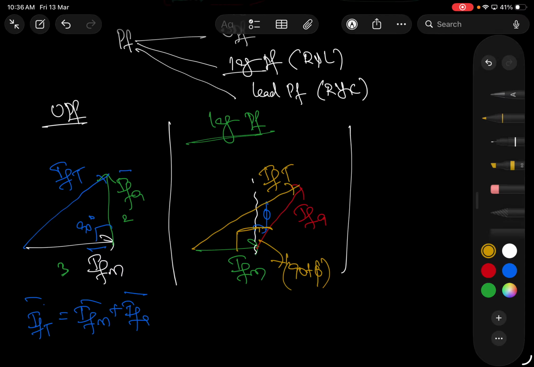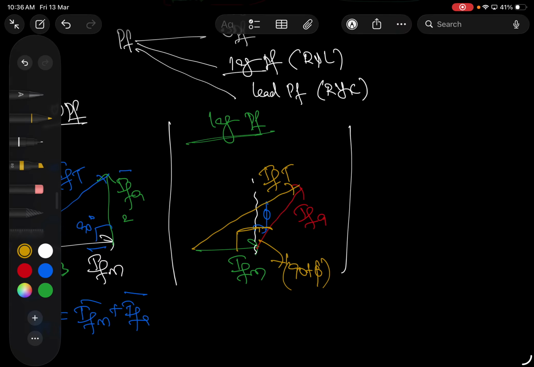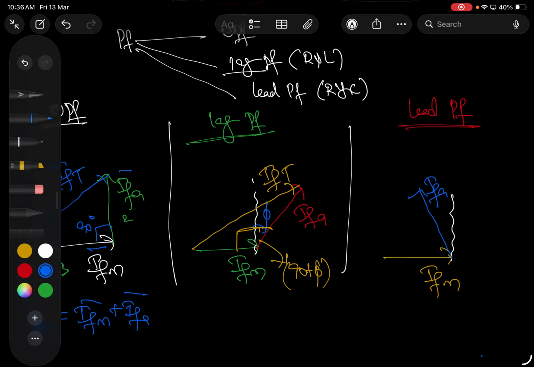Similarly, for a leading power factor, if I assume this as IFM, and the dotted line is where it would be for unity power factor, but actually the current is coming ahead by phi, here phi is leading.